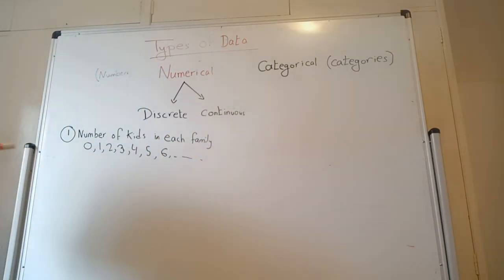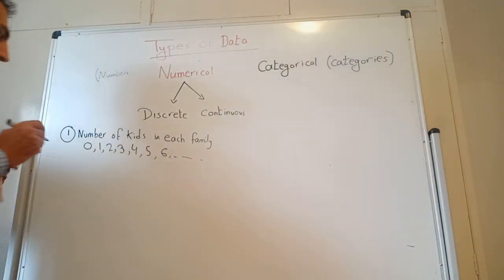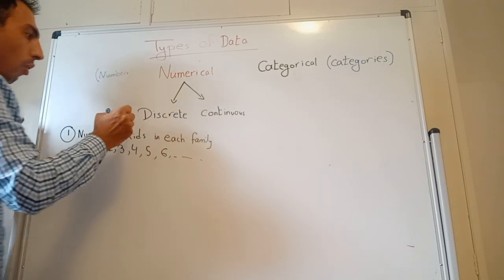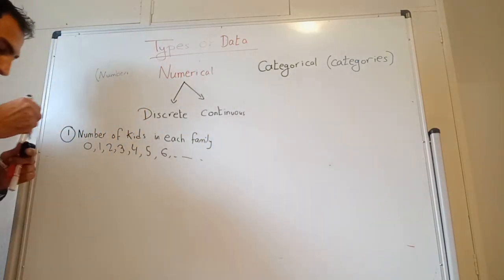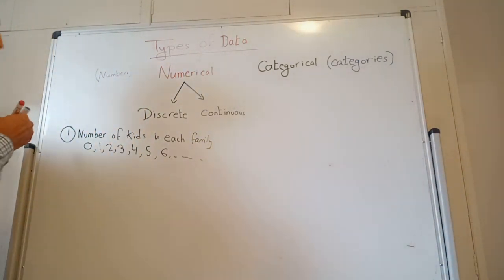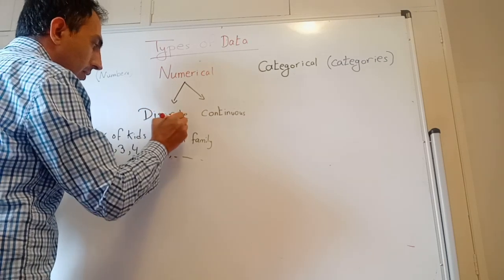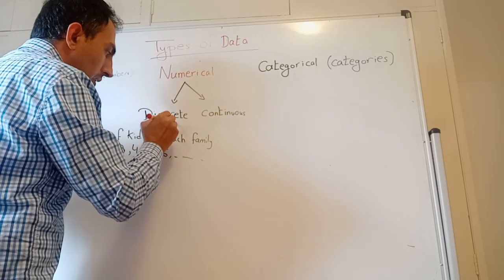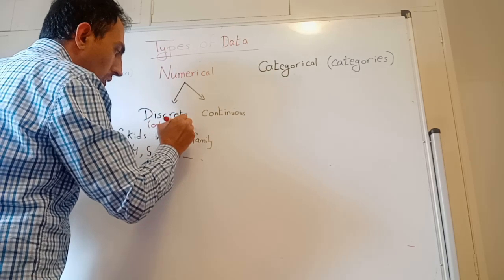So we call it discrete because all these values are whole numbers. So discrete means you will have only whole numbers. Only whole numbers.